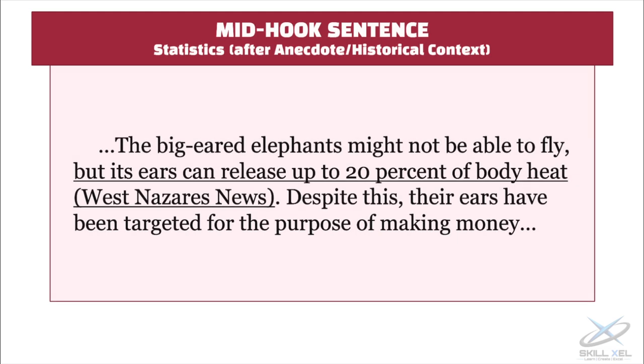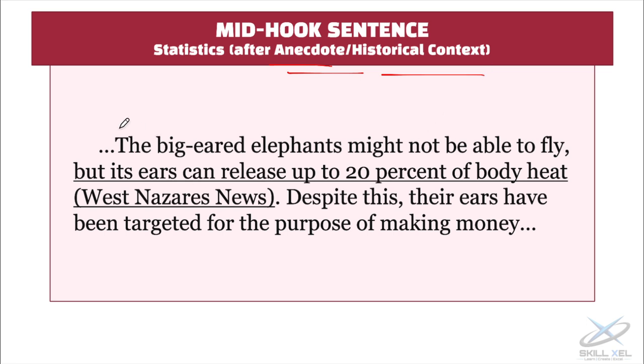So whenever you're using a percentage or statistic, and of course this includes numbers, keep in mind that there may be some sort of anecdote or historical context being used right before it, or maybe some general information. Usually you will not use these with something like a visual picture. Well, I mean, you could, but it just depends on the strategy that you have and the organization of your sentences.